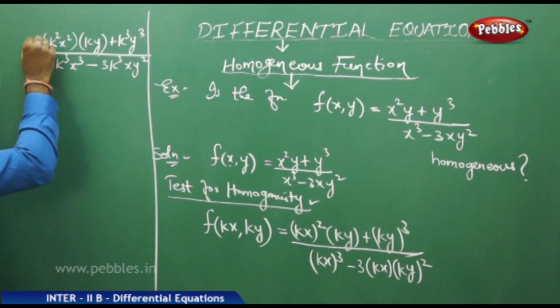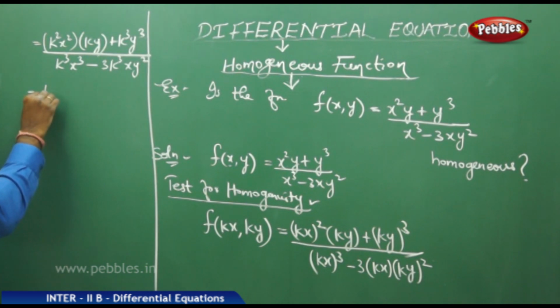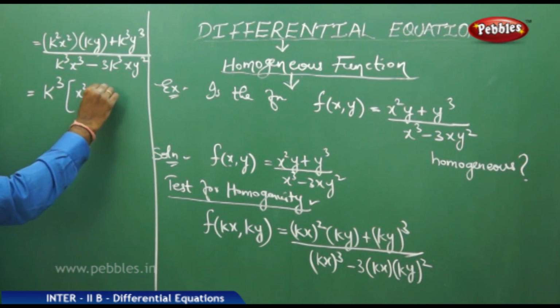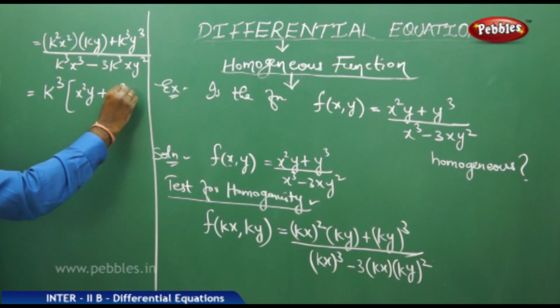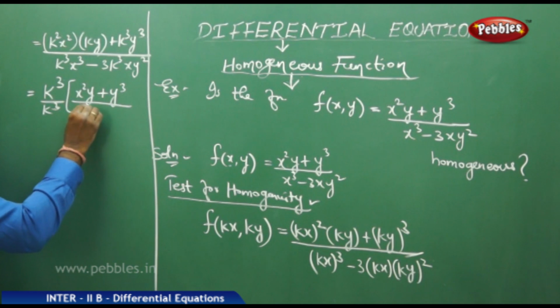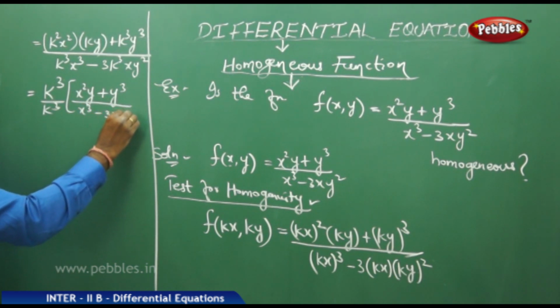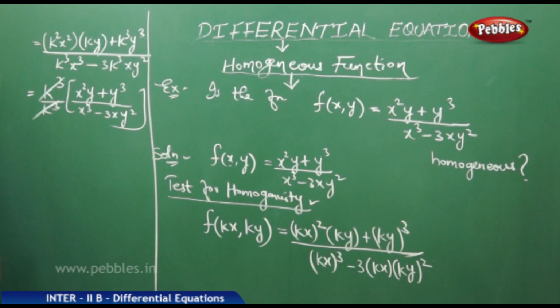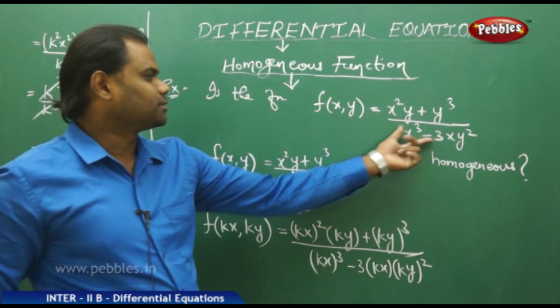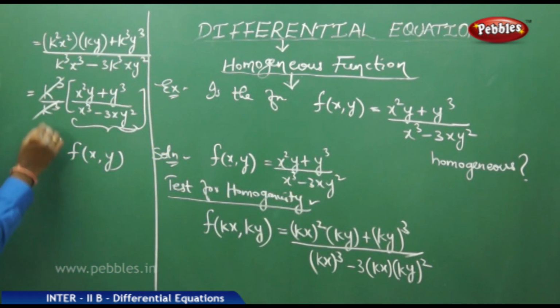Therefore, I take k cube common here and I get x square y plus y cube, and again I take k cube common in the denominator, I get x cube minus 3x y square, so that this gets cancelled, and therefore I get k power 0 times f of xy, because this is the original function f of xy, with k power 0 when I cancel.